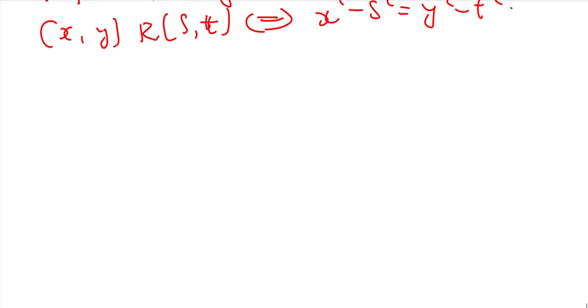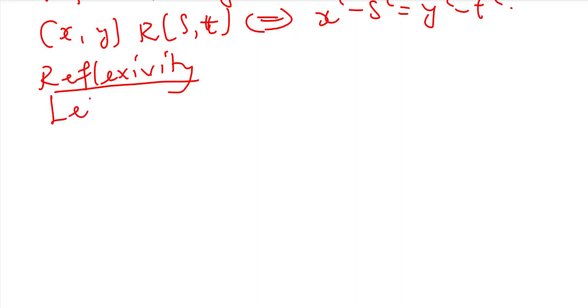Now let's start by proving that it is reflexive. So let's verify reflexivity. Remember, x, y, s and t are real numbers, so I can let all of them belong to the set of real numbers.